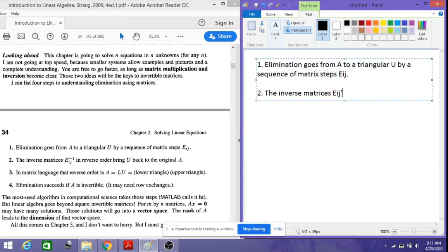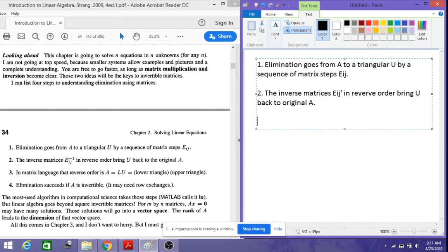So inverses in reverse order bring U back to the original A. It means the inverse should bring back our original coefficient matrix, that is A.